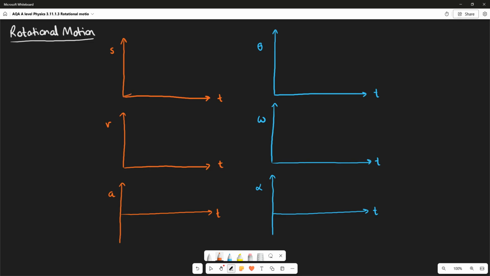So we have a low gradient reaching a peak, and then reducing to 0. And again, a low gradient reaching a peak, and then reducing to 0. I'll mark the point where the gradient is at its highest, and the point where the gradient reaches 0.